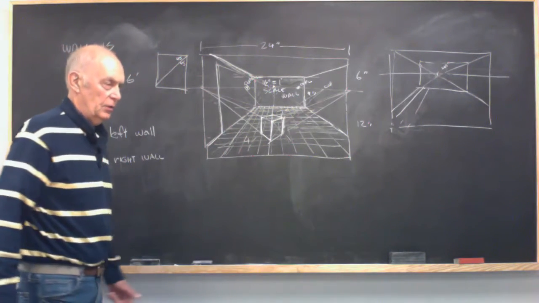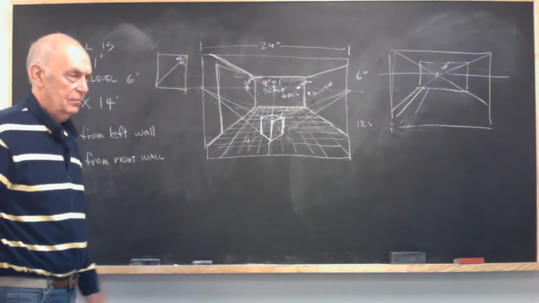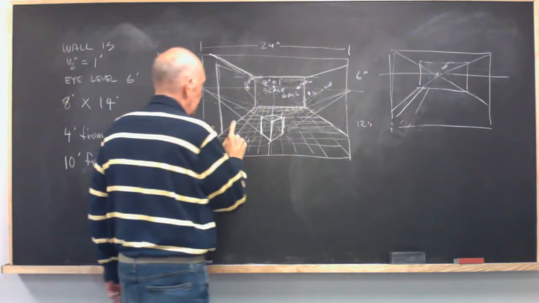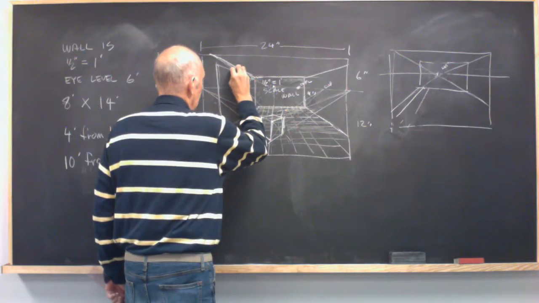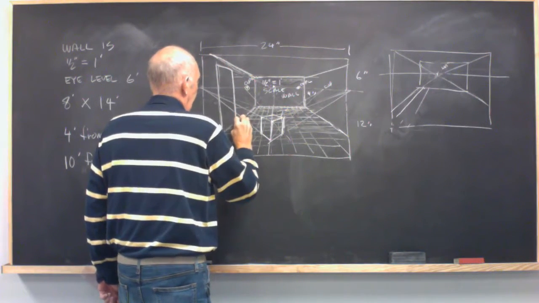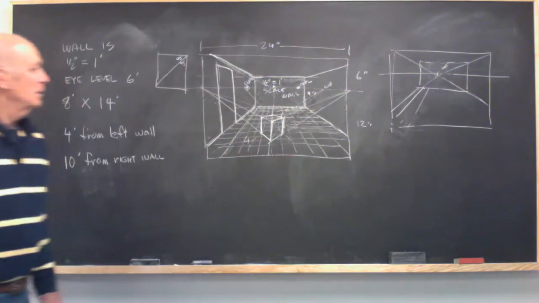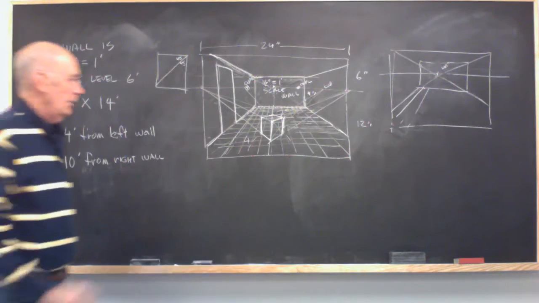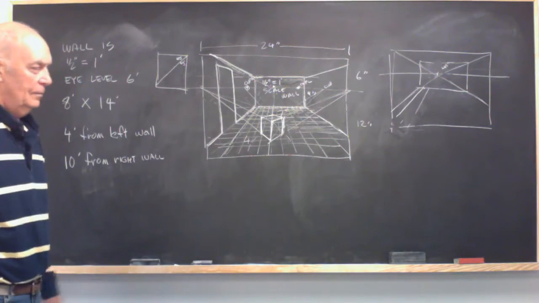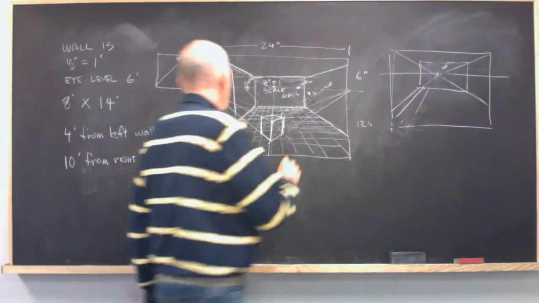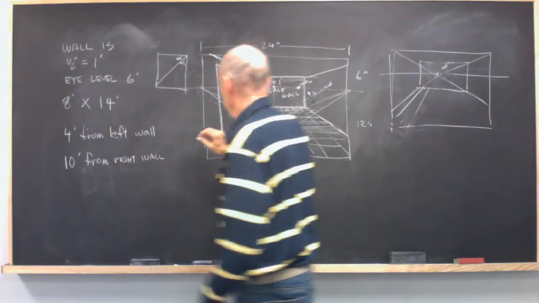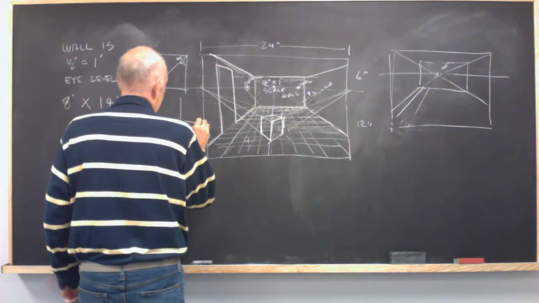Now, doors are usually about 2 feet, 2.5 feet. So I would go back 2.5 feet and draw the back edge. And I have the opening in that door. Now what I've got to do is get a wall thickness. So I would go back to the scale wall and measure out. Now I'm going to blow this up. Let's say that this is a scale wall.